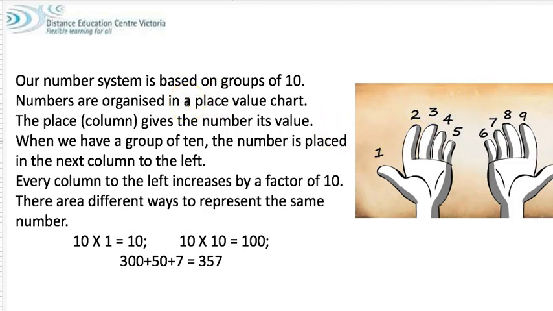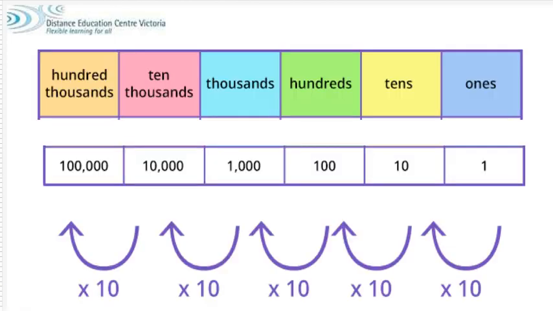We have numbers on a place value chart. Where the number sits on the place value chart gives its value. When we have a group of 10, the number is placed to the next column on the left. Every time we do that, the value of the number increases by 10, and there are different ways to represent a number. These are the important ideas you should know.